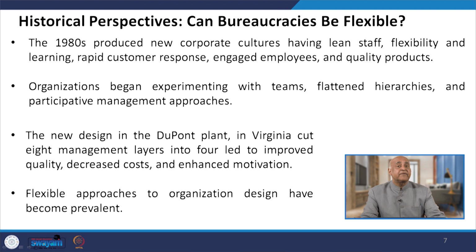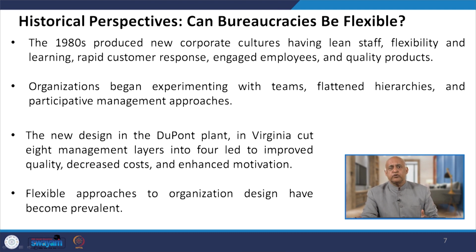Whether there can be flexibility, because when you are talking about human values, they are a social concern, and social concern means flexibility, but bureaucracy has no flexibility. They have set rules and norms, and if you want to introduce flexibility, the organization design will totally change. Therefore learning and rapid customer response have to be there. Society is responding, so manpower will be responding.